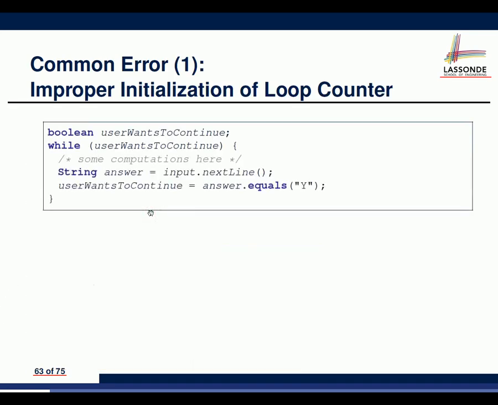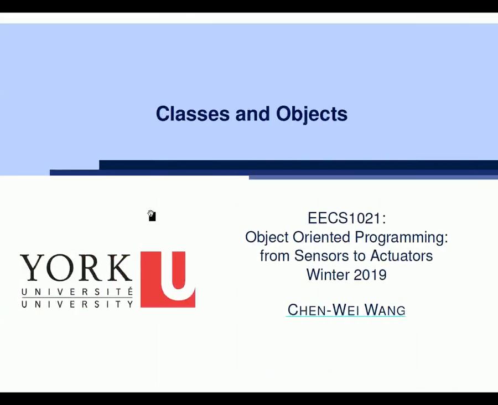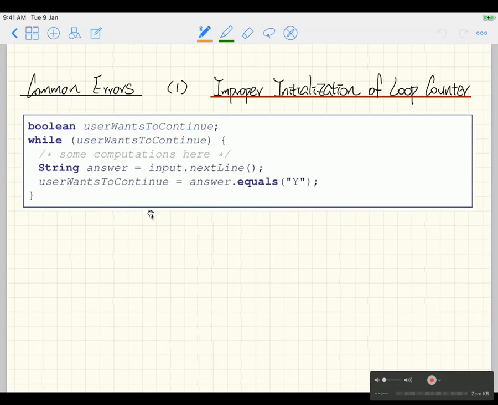Let's have a look at this fragment of code, hopefully it's not too small. It's very similar to what you're required to do for the lab exercises. We want to say that as long as the user enters Y for yes, we keep letting them continue with whatever they want to do.